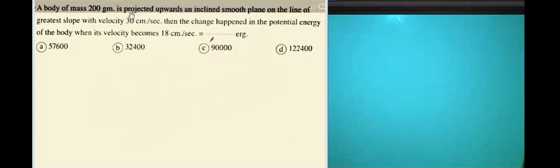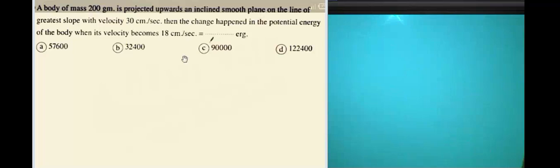Another question. A body of mass 200 grams is projected upwards on an inclined smooth plane along the line of greatest slope with velocity 30 centimeters per second. Then the change that happened in the potential energy of the body when its velocity becomes 18 centimeters per second.